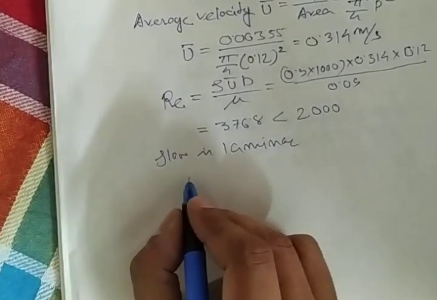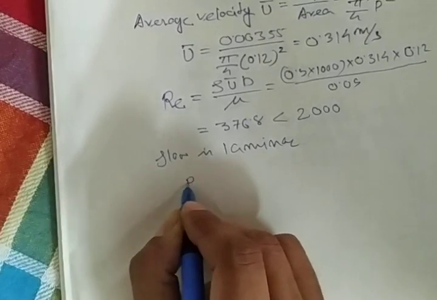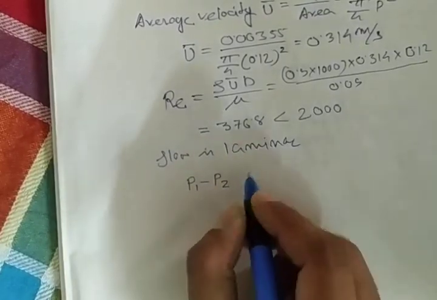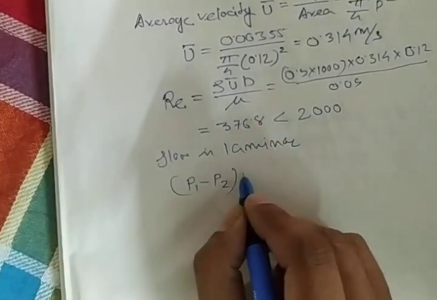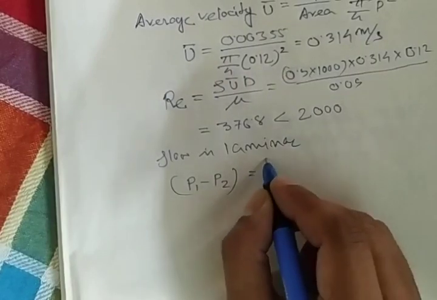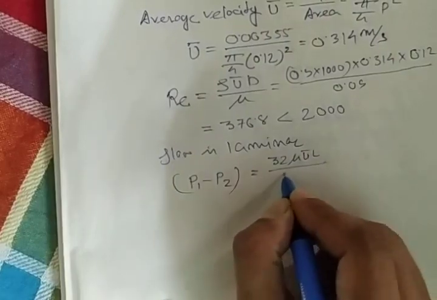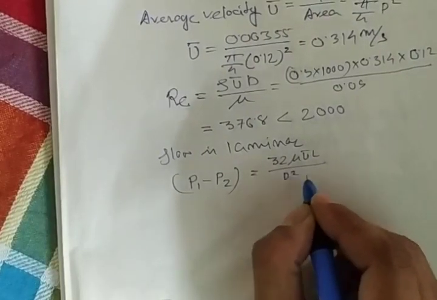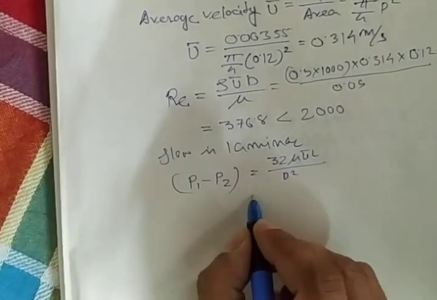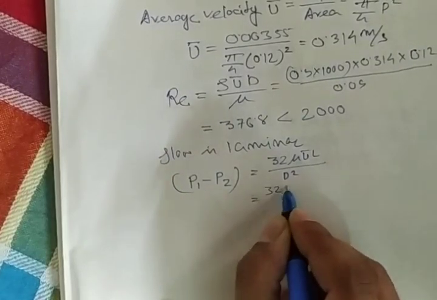So you have to find out the pressure drop. Here P1 minus P2 is equal to 32 mu U bar L by d square.